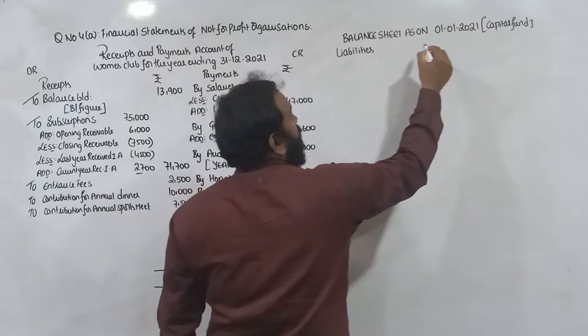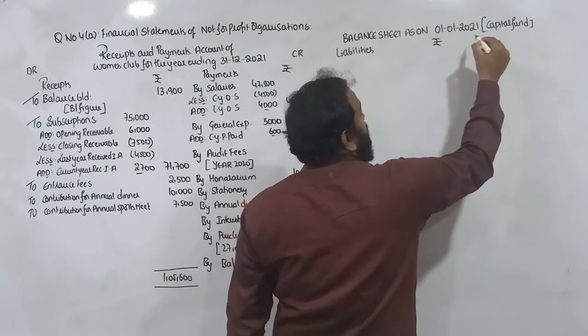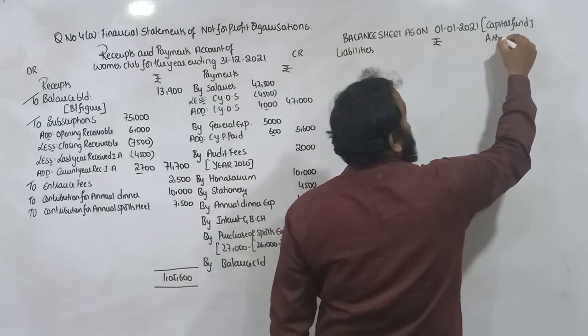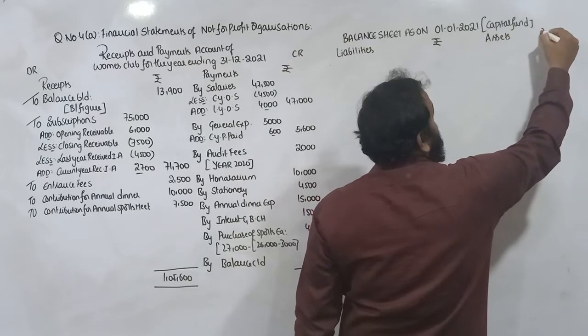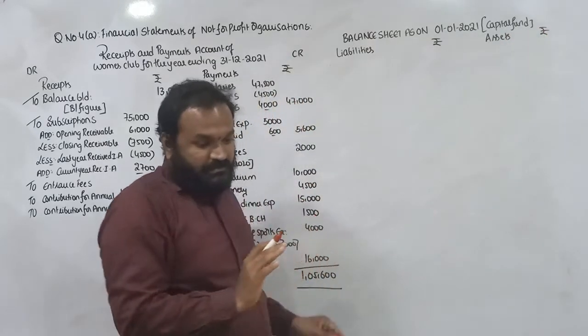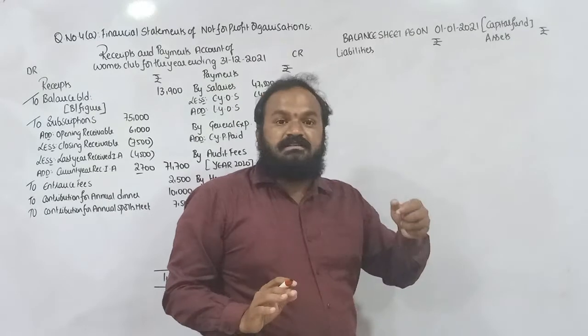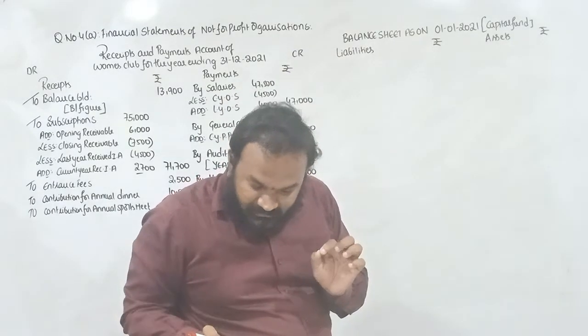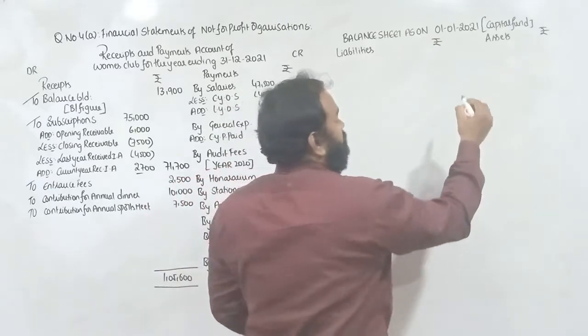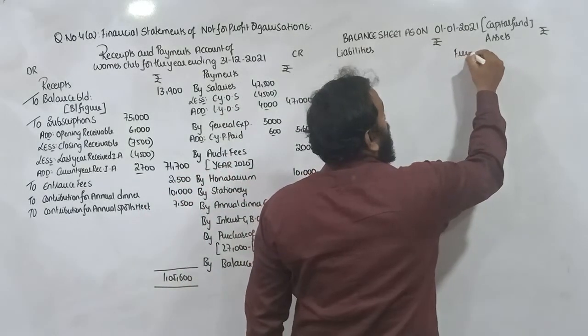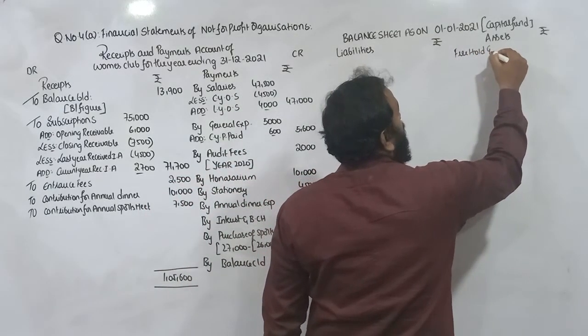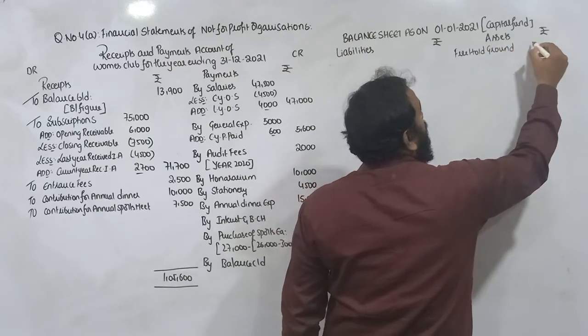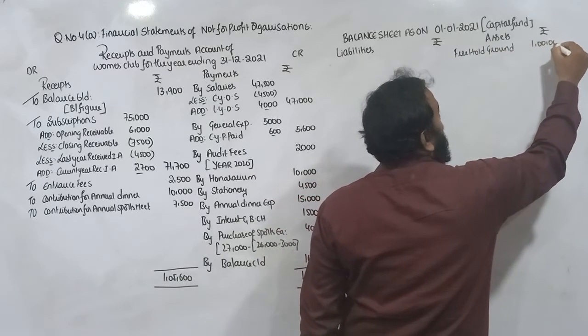Liabilities, rupees. Next, assets, rupees. See, first on the asset side, freehold ground is there or not? Right, freehold ground. How much? 1 lakh.